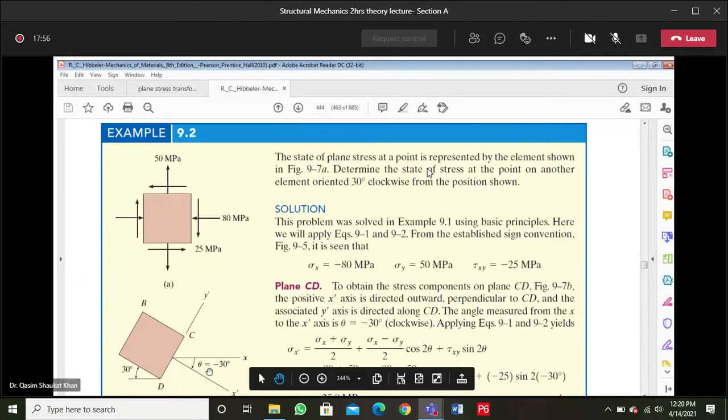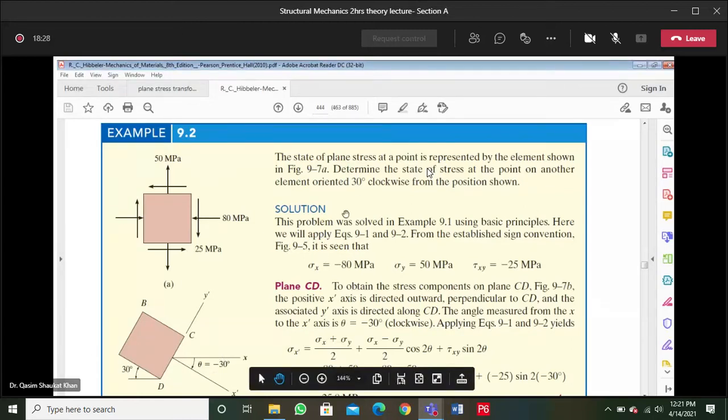Just for your understanding, as earlier we have taken clockwise as negative and counterclockwise as positive. So 30 degrees clockwise means minus 30 degrees.